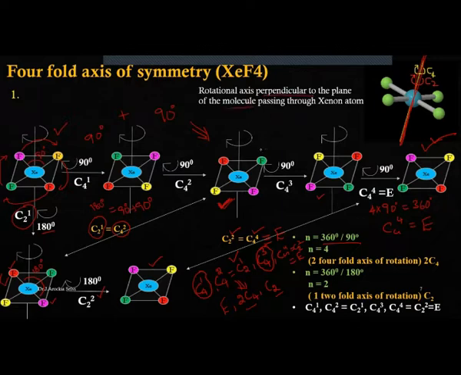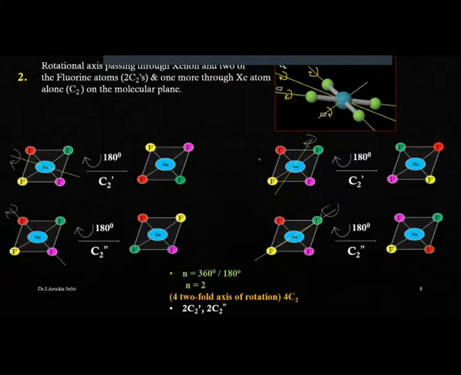Then we have to see other possibilities of rotation by placing the axis in the plane of the molecule. If we place the axis in the plane of the molecule passing through the xenon atom, it is actually passing through the centers of two edges, and through the xenon atom.